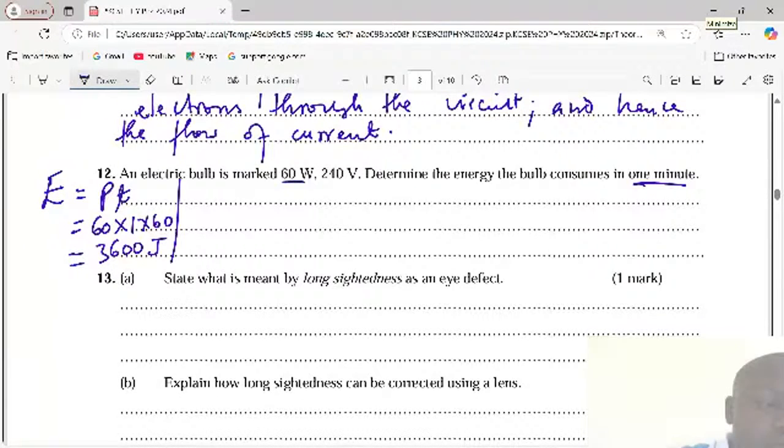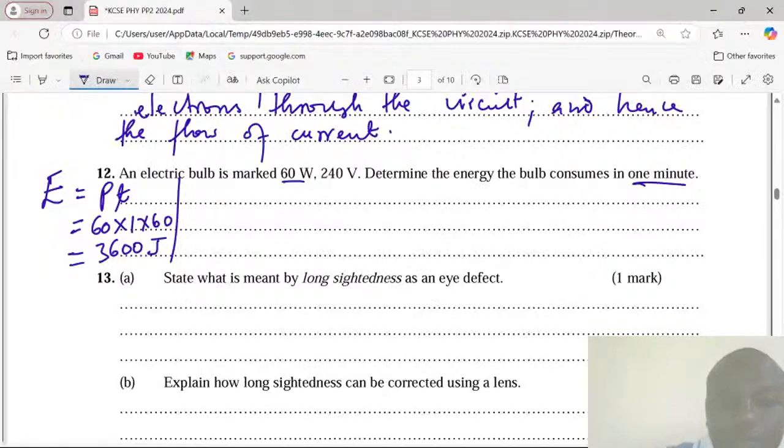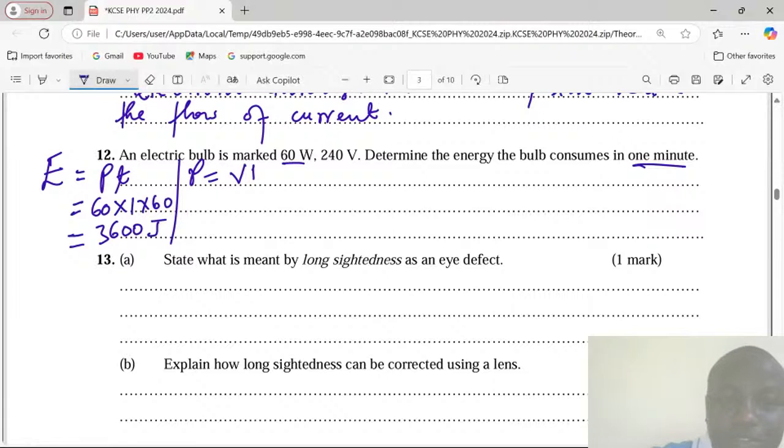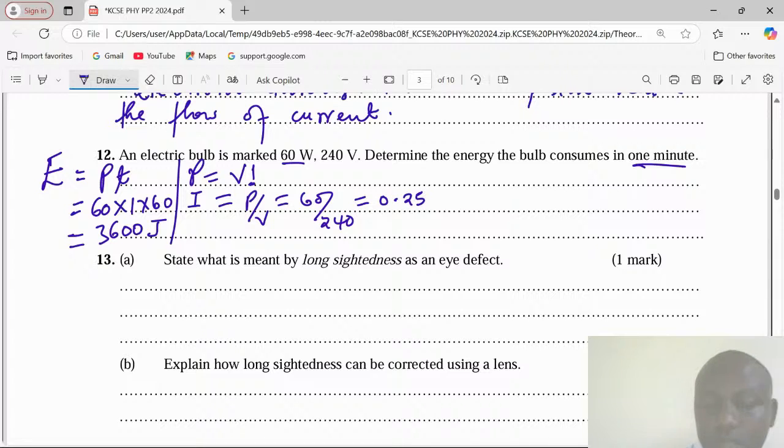We'll talk about joules. But there might be several alternatives of working this one out, whereby we can say alternatively, power is given by voltage times the current. Therefore, the current is given by power over V, which is 60 out of 240, which is 0.25 amperes.